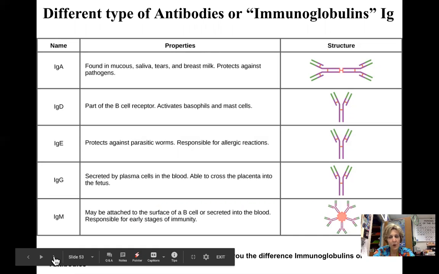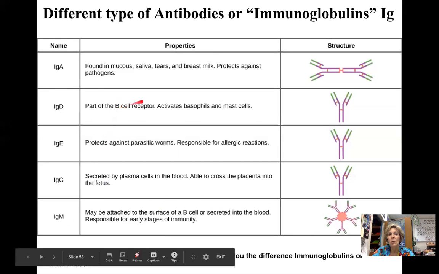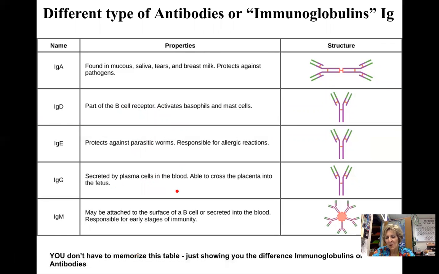You do not have to know those for AP Biology, but I just wanted to show you because if you go to medical school or graduate school or take an advanced course in immunology in college, you will learn about these different types of immunoglobulins, and they each have their own specialty. One of the ones that I think is really interesting is this IgA type. And you can see they're all different structures, but they each have an antigen binding site, right? The very tip of that green part would be where it would bind with the antigens.